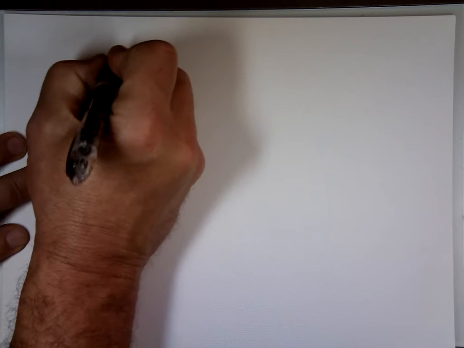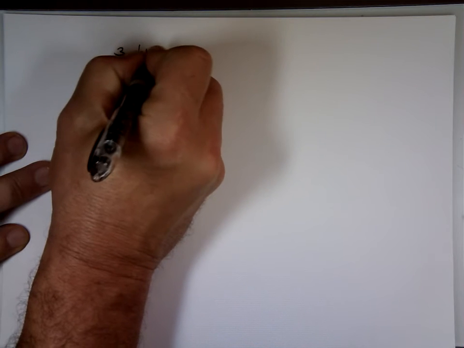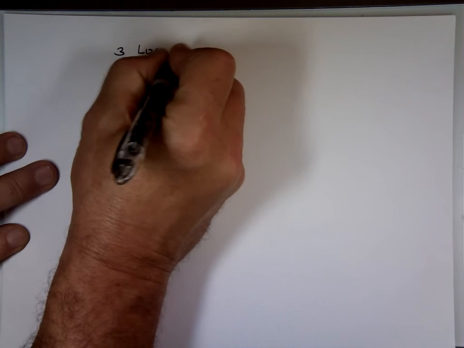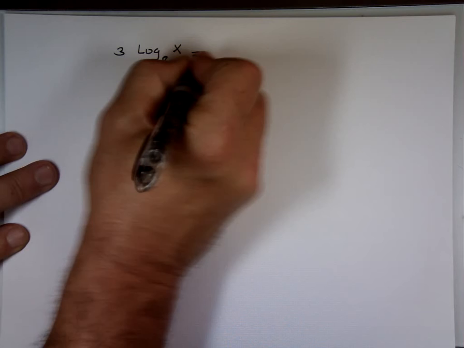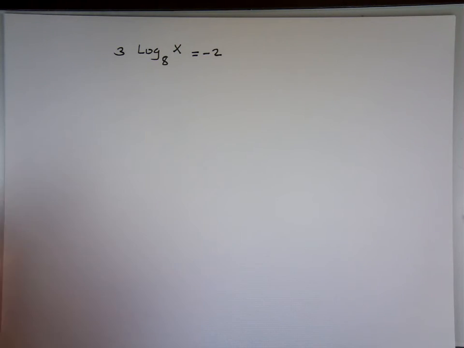We've done some of these. You're probably going to realize, oh, we did this. Let me start with this one: 3 log base 8 of x equals negative 2. And they want us to solve it for x.